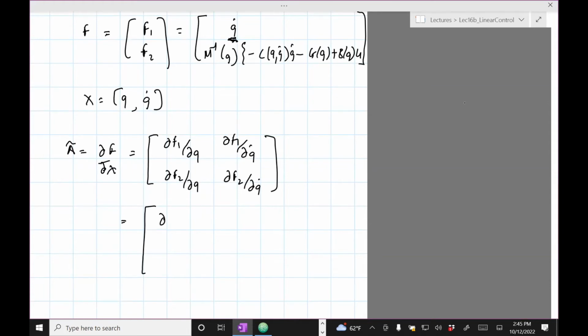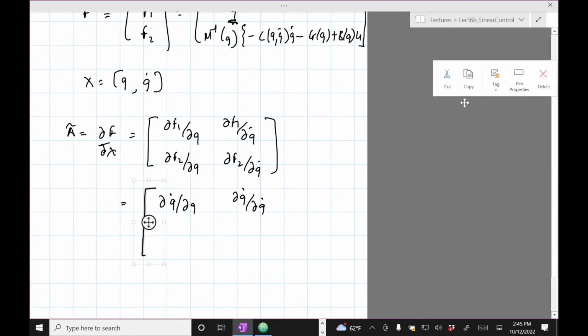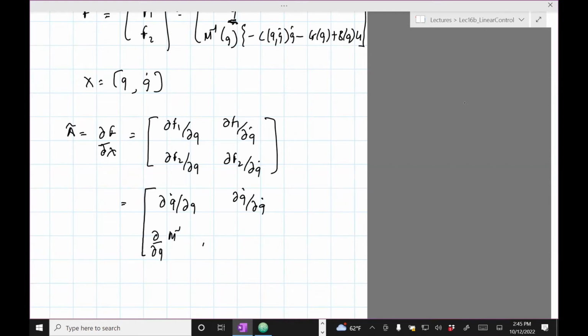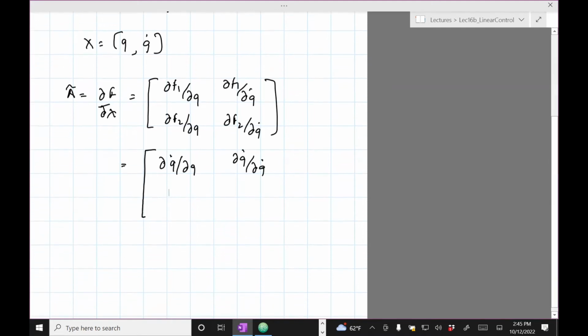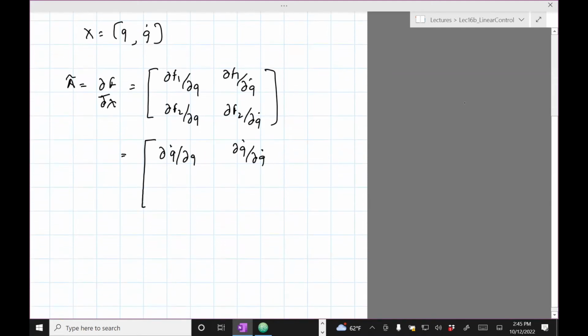Let me actually just write this down. This might be the best way to explain it. So d q dot dq, d q dot dq dot. Then we have d of dq of M inverse times minus C q q dot. There's a lot of space. Just put it down this way and then I'll simplify it later.